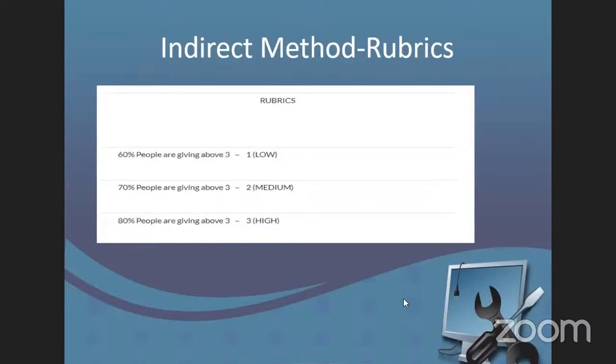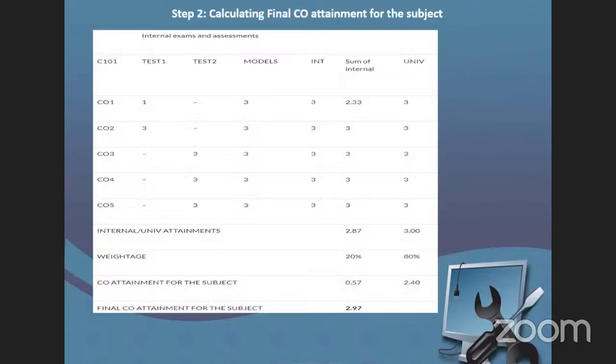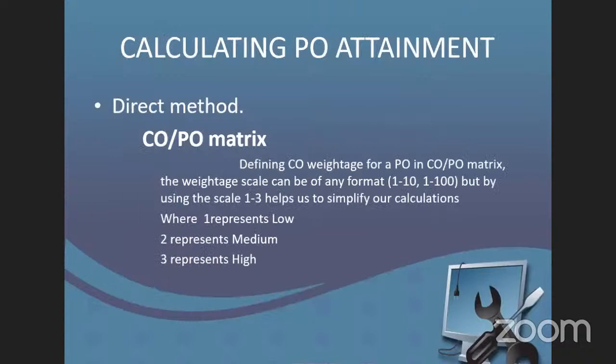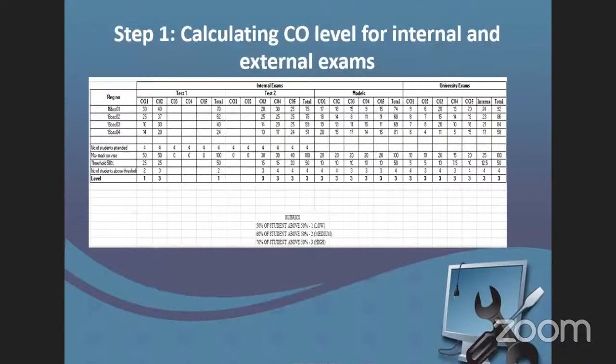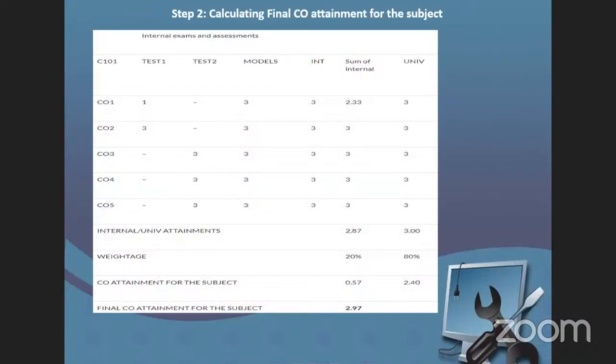Ma'am, you have said that we have divided by 3 in the previous step. That is in the case of CO, ma'am. Here, row wise. Next, ma'am.